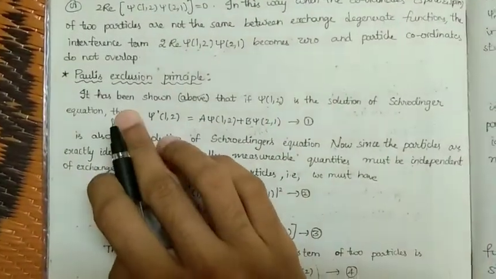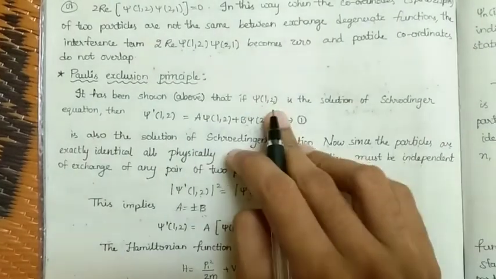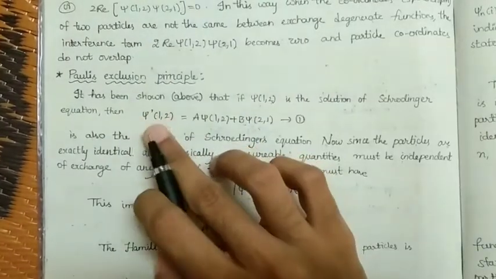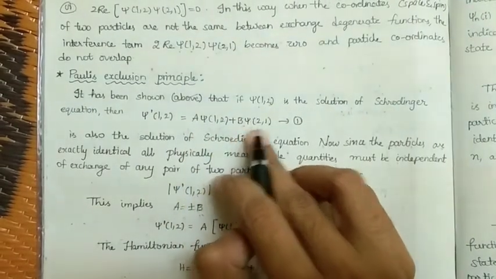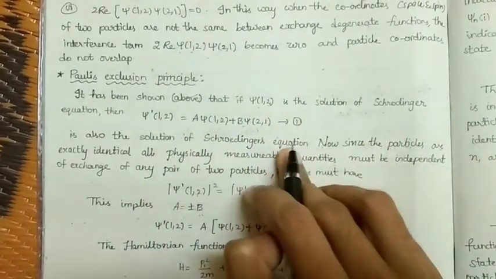It has been shown that if psi of 1,2 is the solution of the Schrodinger equation, then psi dash of 1,2 equals a times psi of 1,2 plus b times psi of 2,1 is also a solution of Schrodinger's equation.